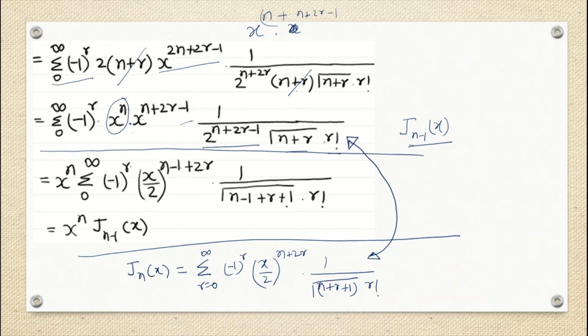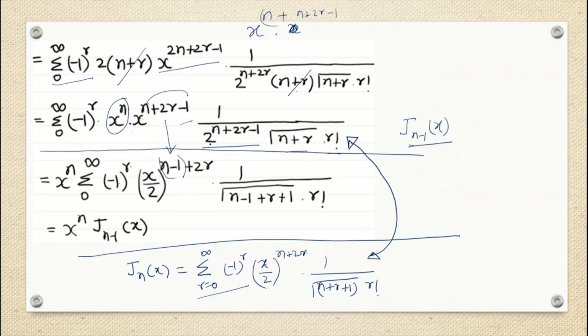Now, what is my J n of x? In my J n of x, the power of x is n plus 2r, and similarly the power of 2 is n plus 2r. And here we see that the power of x is n plus 2r minus 1, or you can write it as n minus 1 plus 2r.